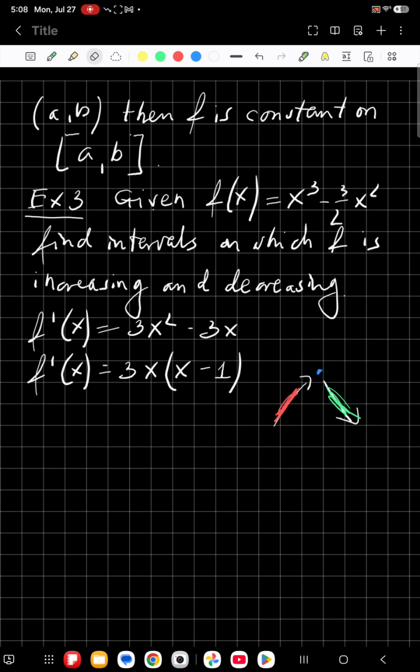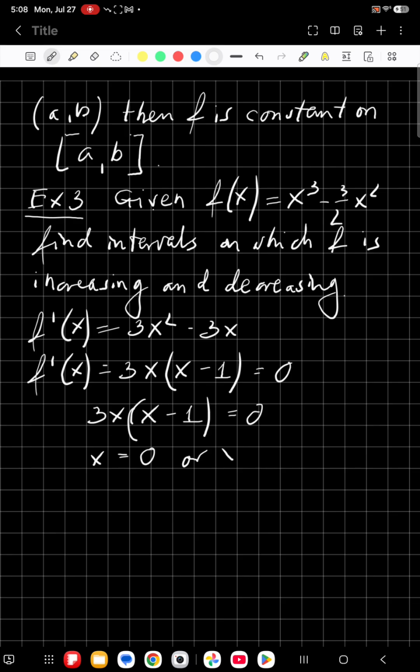Let me erase that. To find the critical numbers or critical points, we make the first derivative equal to 0 and then solve it. So we have 3x times x minus 1 equals 0. So x is equal to 0, and x is equal to 1.